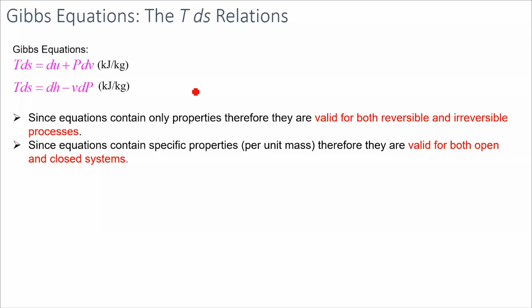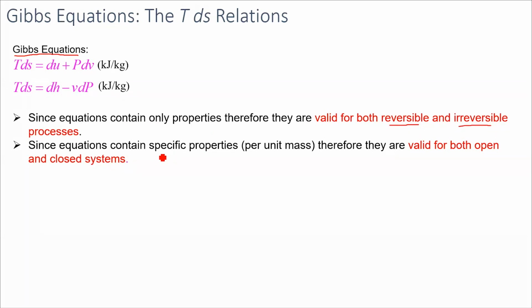So we have these two Gibbs equations, TdS equations, du plus PdV and dH minus VdP. Now, since these equations contain only properties, temperature, entropy, internal energy, pressure, specific volume, enthalpy, they are all properties, so they are both applicable to reversible and irreversible processes.